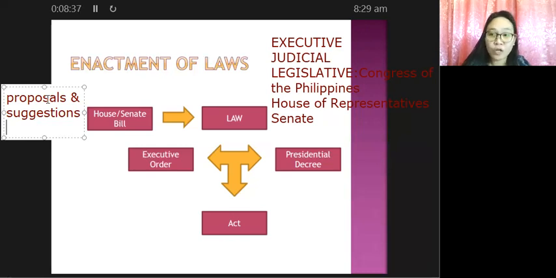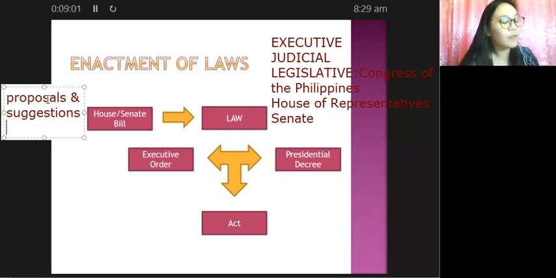What laws are certified as urgent by the president? Since the president does not have any power to make Republic Acts or to make laws, what he can do is to propose or suggest that a particular law is urgent.